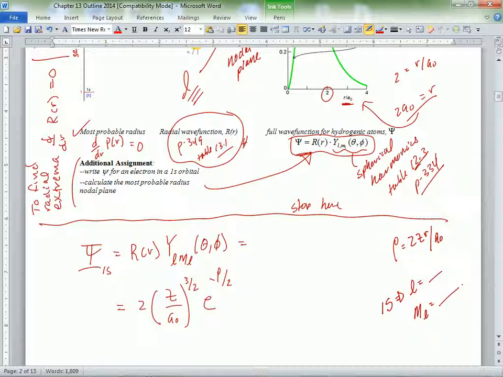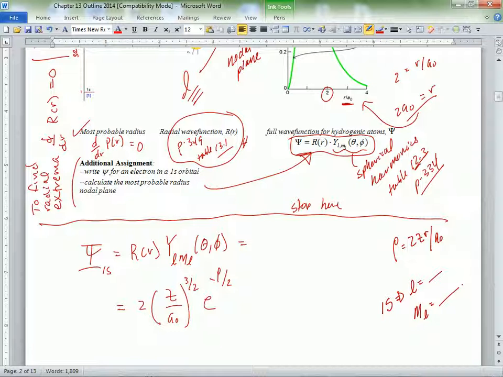If it's a p orbital, l has to be 1. If it's a d, it's got to be 2. If it's an f, l has to be 3. Remember that? Okay. So what do these quantum numbers l and m sub l have to be then?